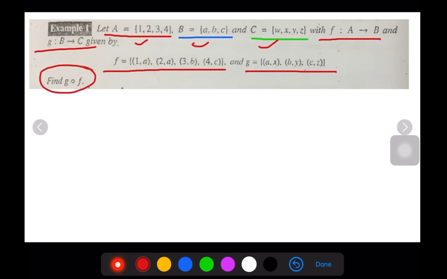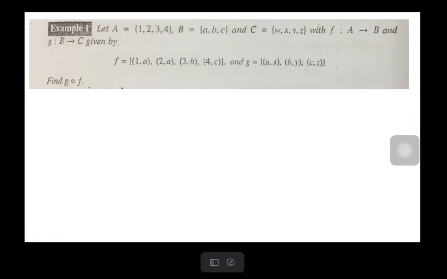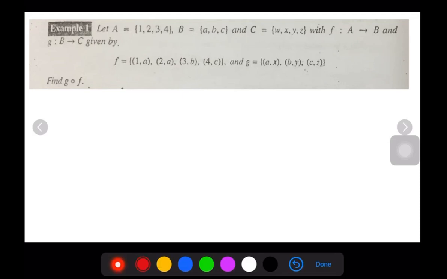So let us go with the definition of composition. I start with G composition F for all the elements of A. For all the elements of A, first I will take 1 and check the element.